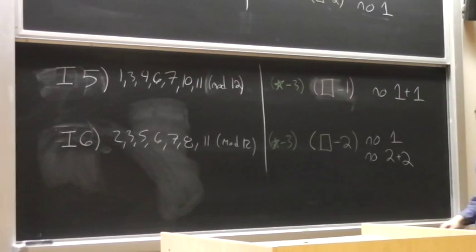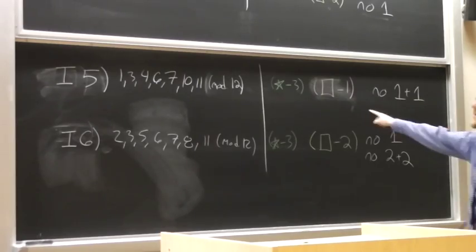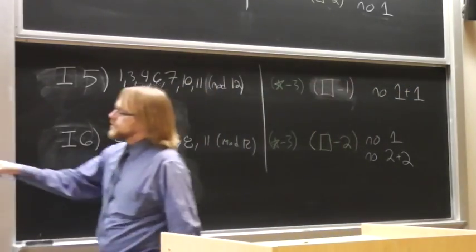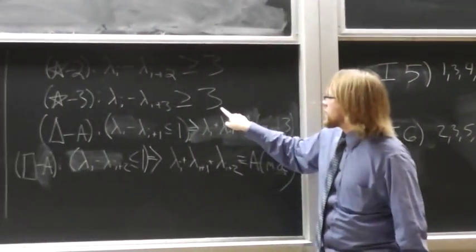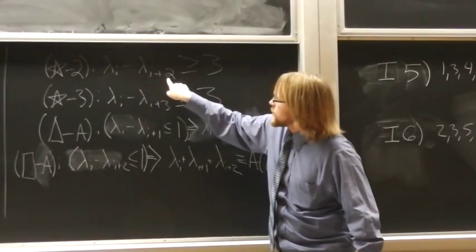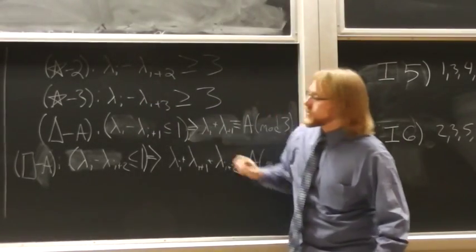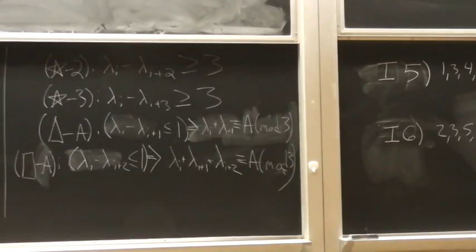And then we had a couple of mod 12 identities. You can read the congruence class on each one of them. Now these mod 12 identities, it's difference 3 at distance 3. So we changed the distance from 2 to 3 in this condition.